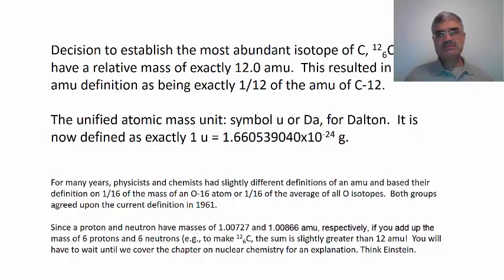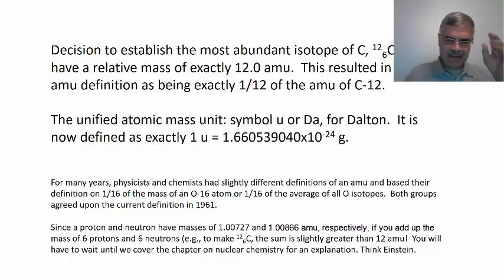Another thing just to have you think about. We had in the tables earlier that a proton and a neutron have masses of slightly more than 1 AMU unit each, 1.00727 for a proton, 1.00866 for a neutron.